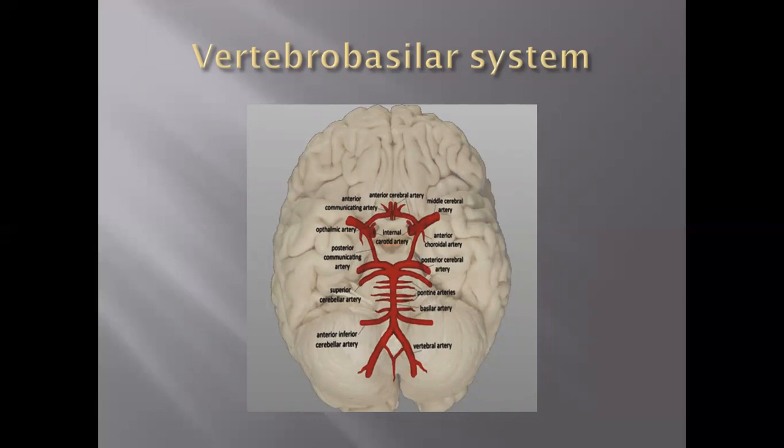Then it gives off very small branches before the two vertebral arteries unite at the caudal border of the pons to form a basilar artery. Right. And the basilar artery will end as the posterior cerebral arteries.